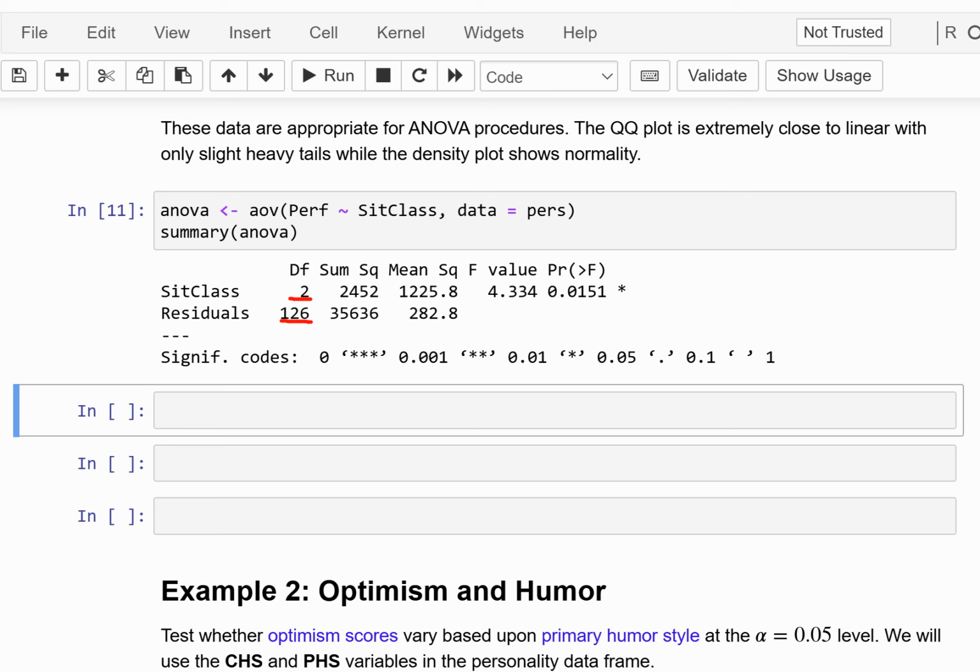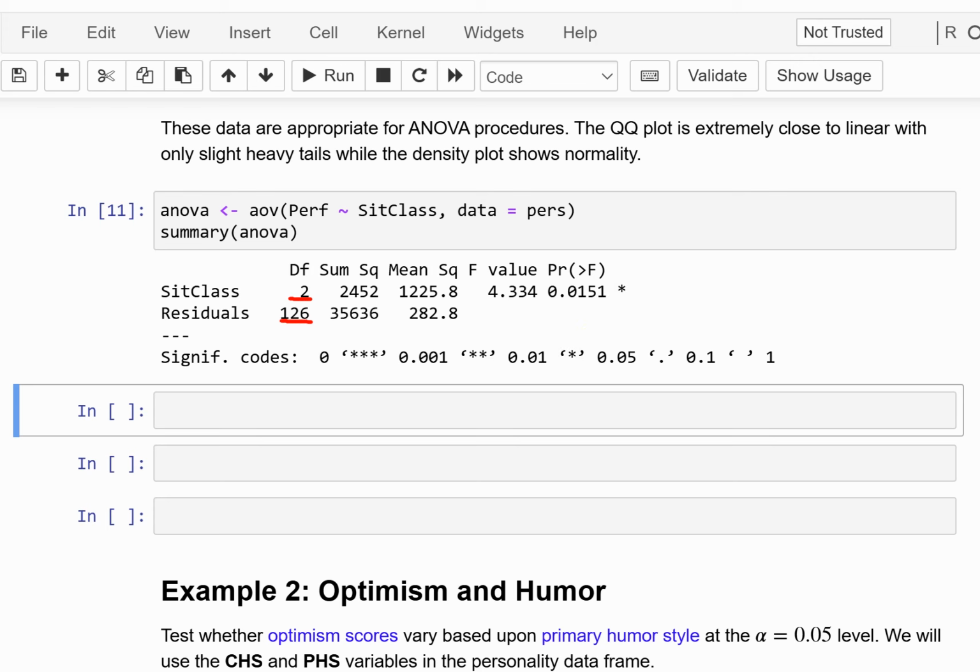All right, and the F statistic is 4.34, and the p-value is 0.0151. Okay, and it even marks the level of significance on the p-value with an asterisk. And if I go down here and find the asterisk, it says, hey, it's significant at the 0.05 level.